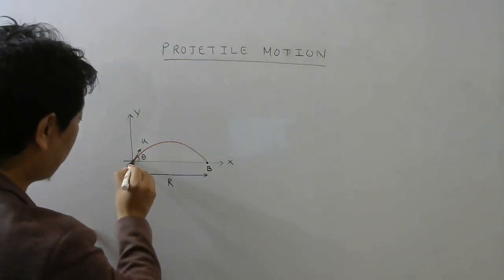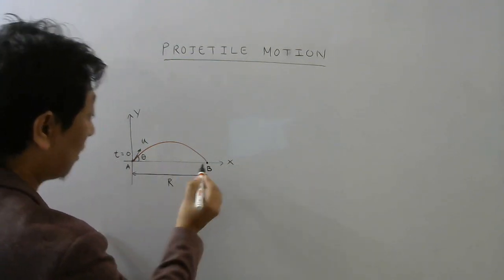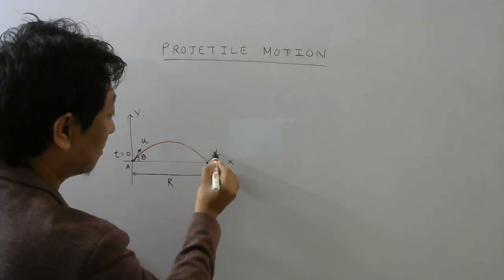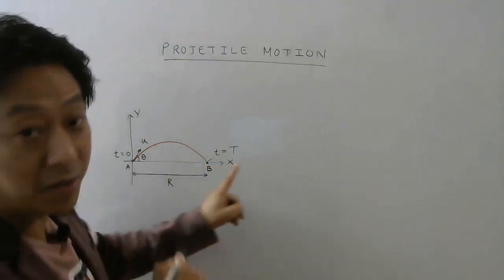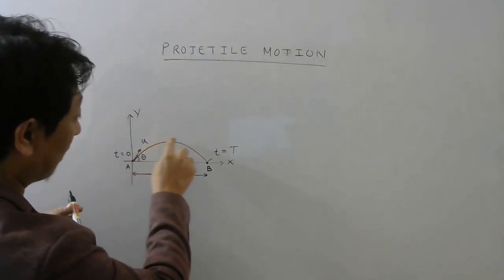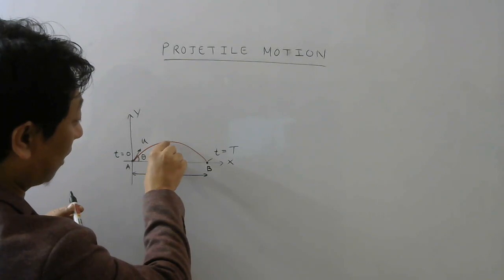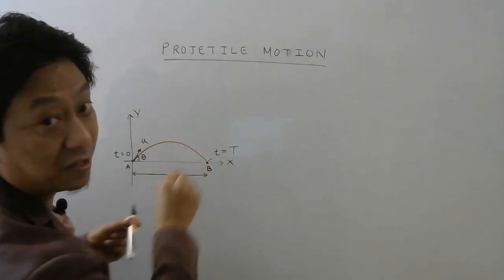The time taken from here to here. So if here the time is 0 and when it reaches here the time is capital T, then capital T is called time of flight, and as it goes like this, you can see the y coordinate reaches maximum value and then again the y coordinate decreases.